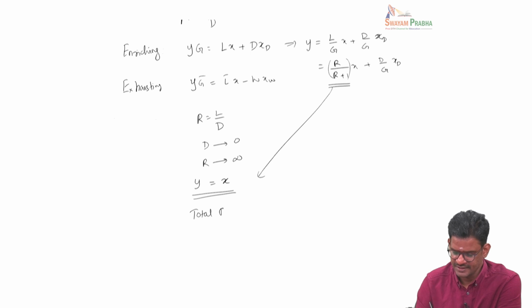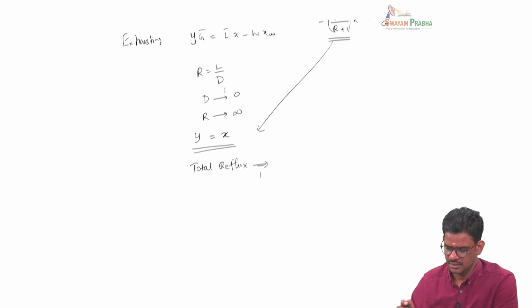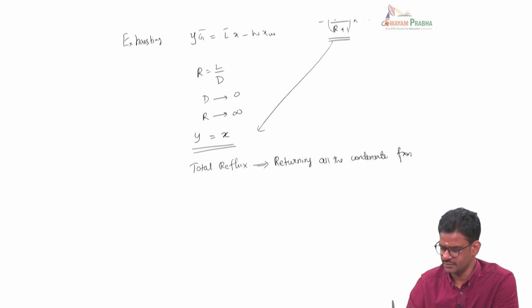So total reflux means returning all the condensate from the condenser to the distillation column.